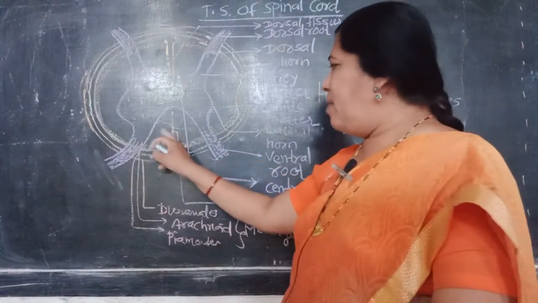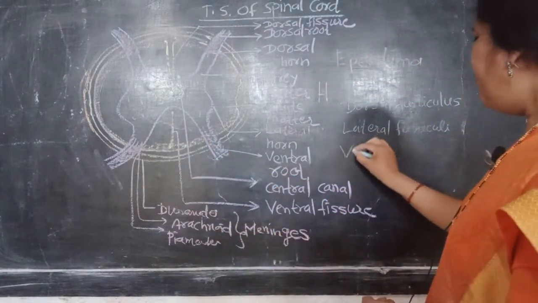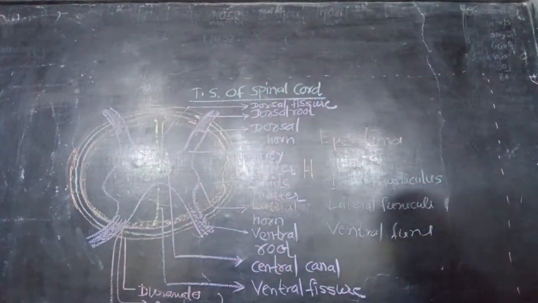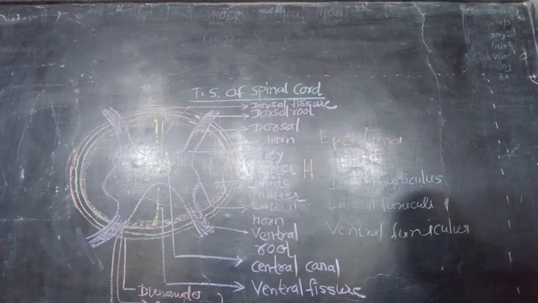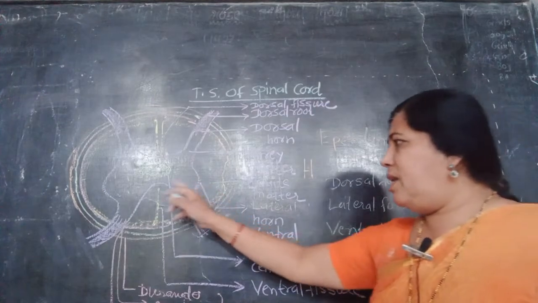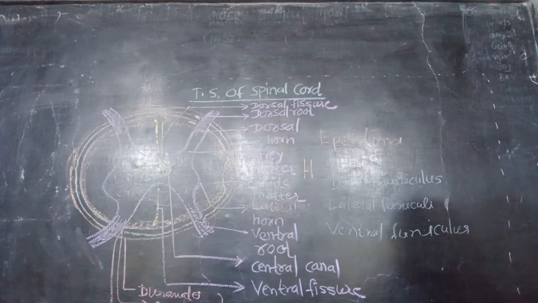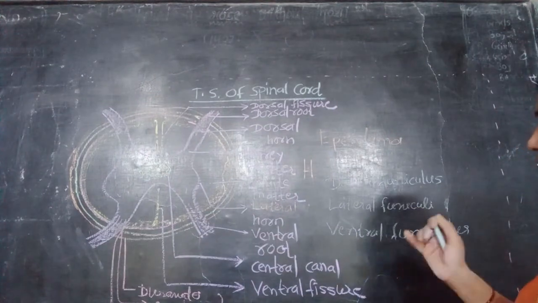And this column which is present beside the ventral fissure is called the ventral funiculus. The lateral horn and ventral horn end into the ventral root. So due to H-shaped grey matter, white matter is divided into 3 columns, and these columns are called funiculi.